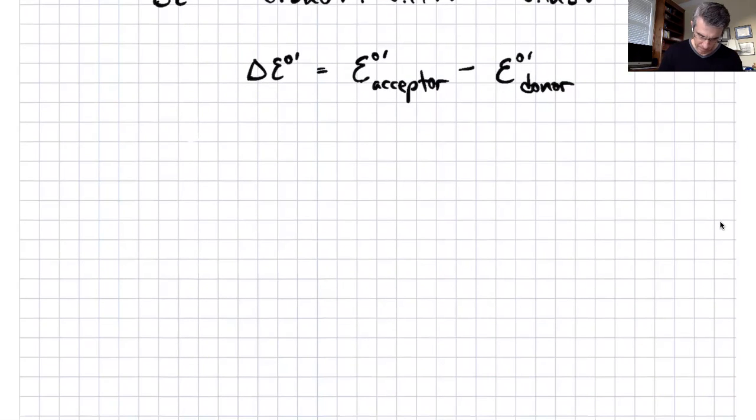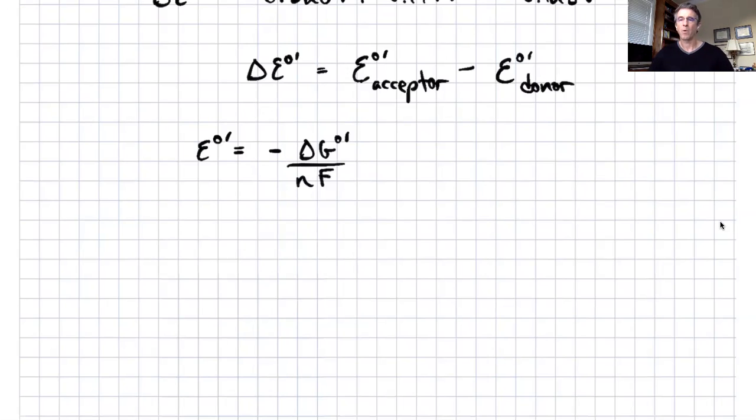We defined it because of that relationship between free energy and electrical work, under the constraint of the Gibbs equation. That's just equal to minus delta G naught prime divided by nF. Remember, if all we're worrying about is electrical work, not letting anything else happen, the free energy difference divided by the charge on the particle times Faraday's constant is equal to the standard state reduction potential.